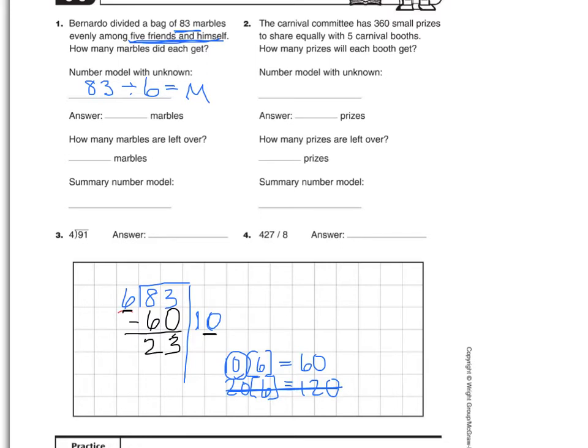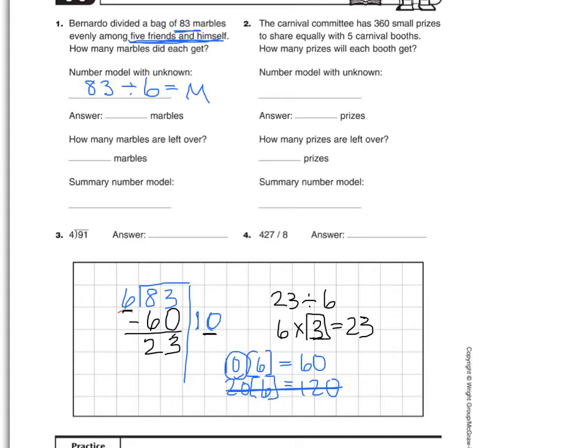So now we're thinking of this as what's 23 divided by 6, or 6 times what is close to 23? Well, if you're looking through your multiplication table, you can see that the number that's closest is going to be a 3.